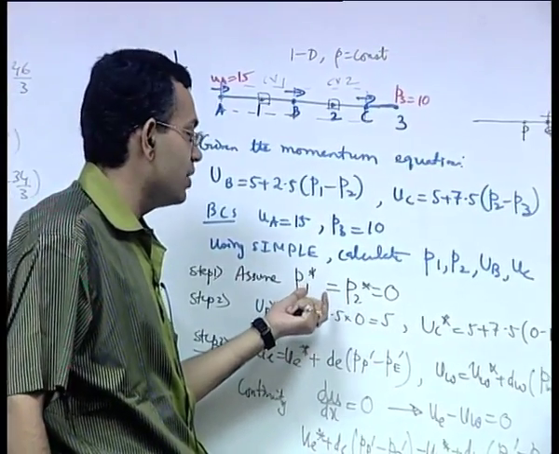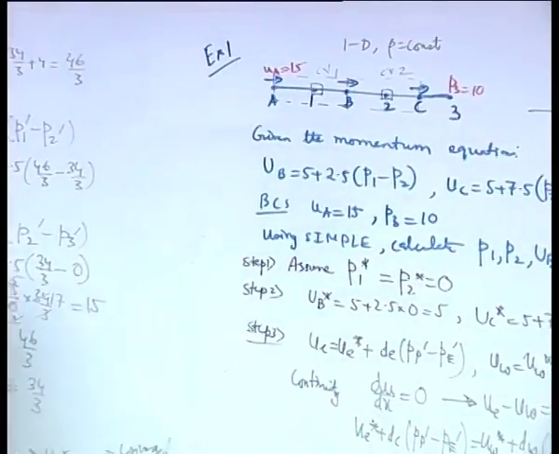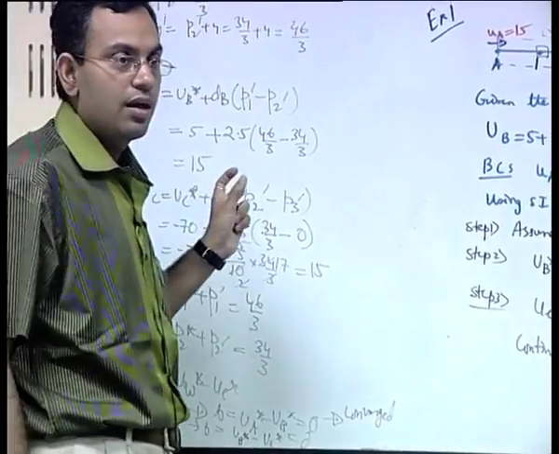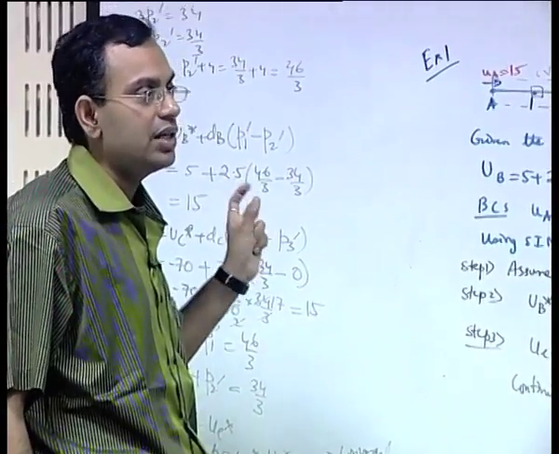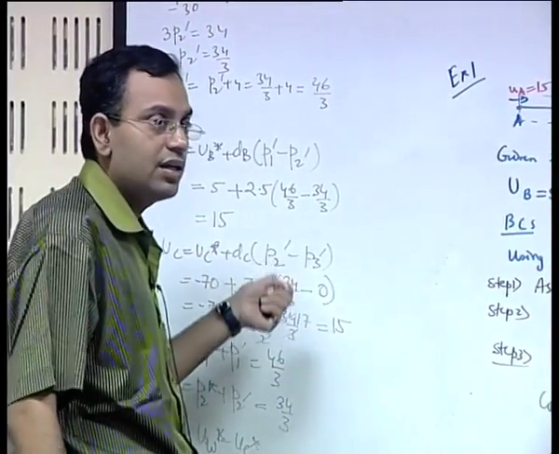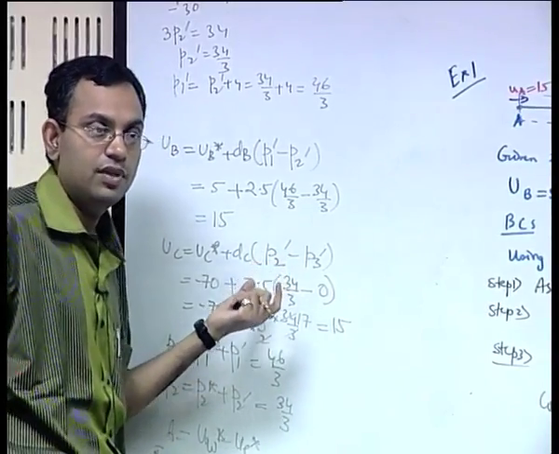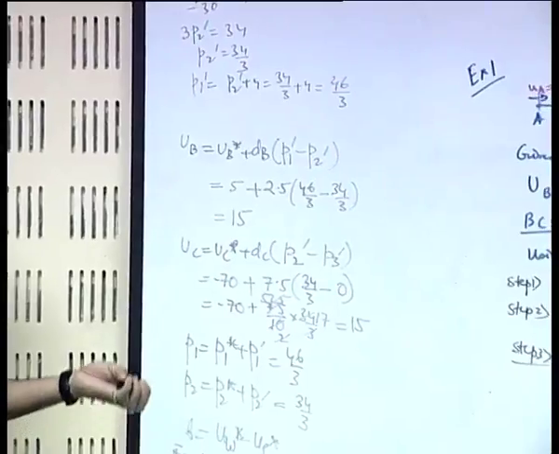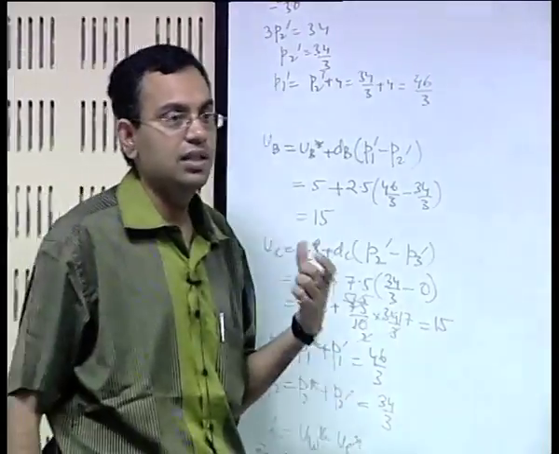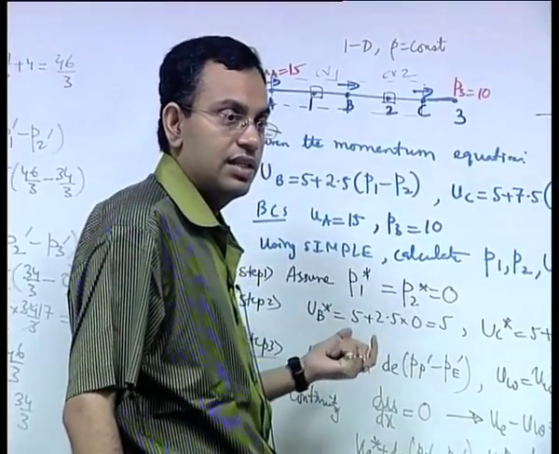So if you had guessed something different, the final values of pressure corrections may be different, but the differences in pressure corrections will still remain the same. The velocities will remain the same, just the values may change depending on how you start with your initial guess.